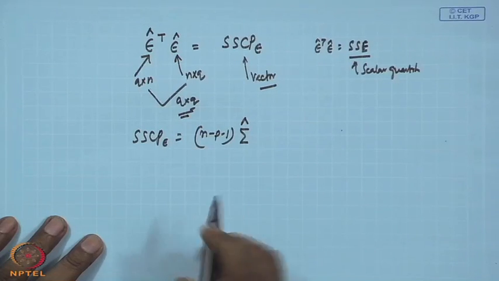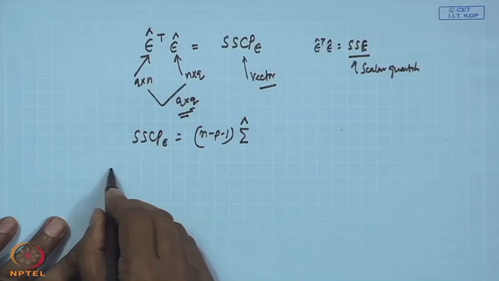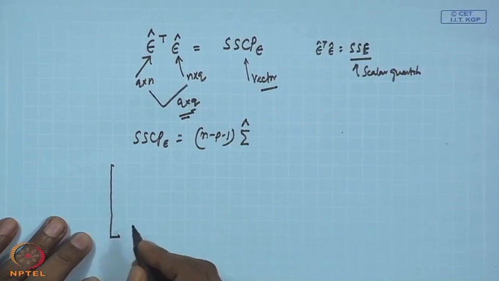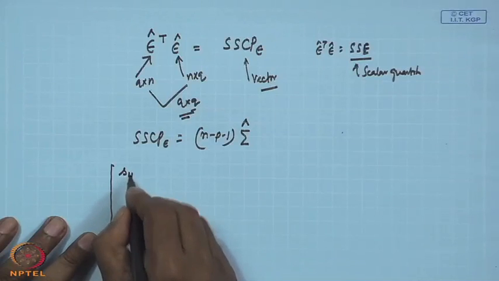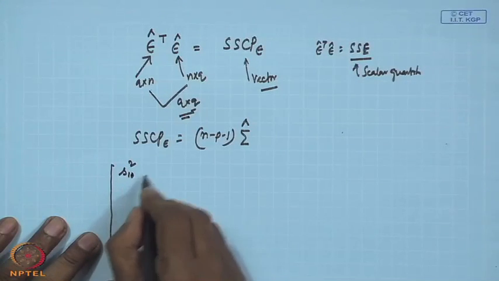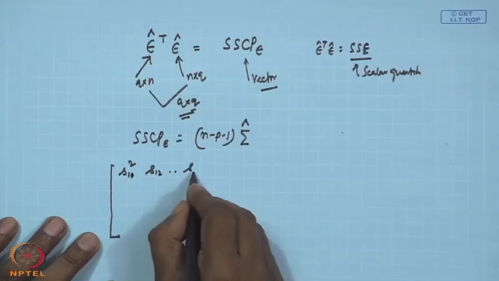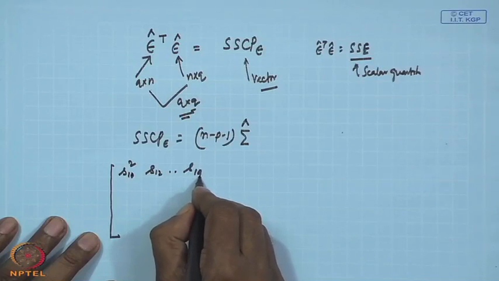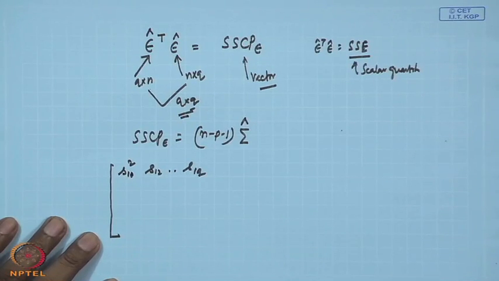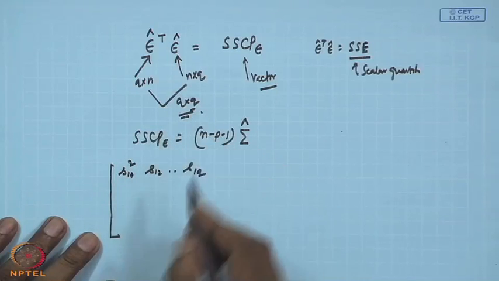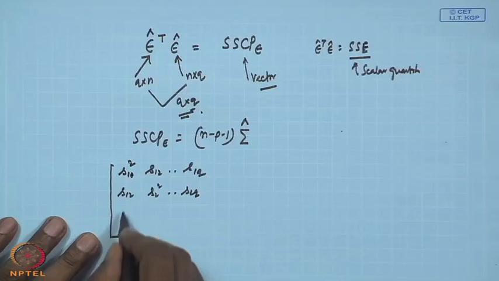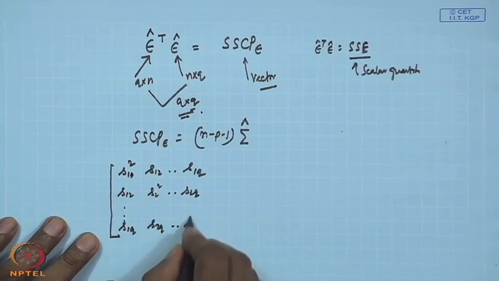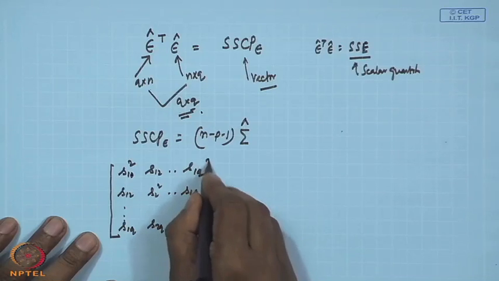Getting me? Now what we will do is write SSCPE as S1 square, S12, S1q, because this is q cross q, then S12, S2 square, S2q, and like this S1q, S2q, Sq square.